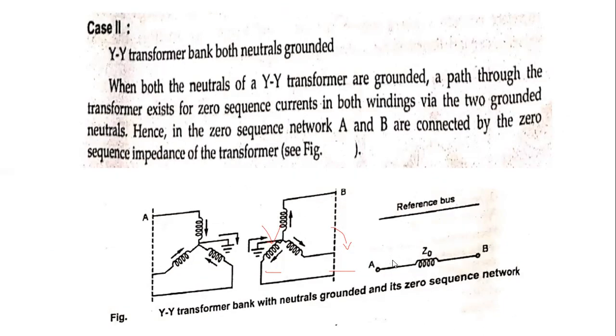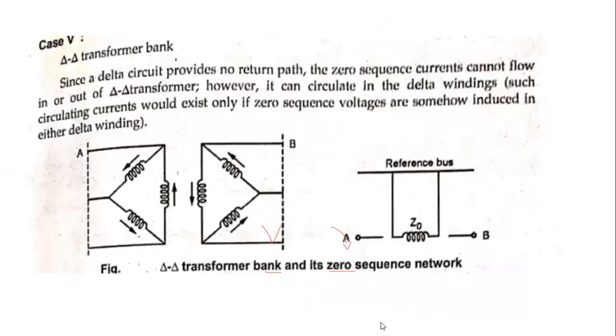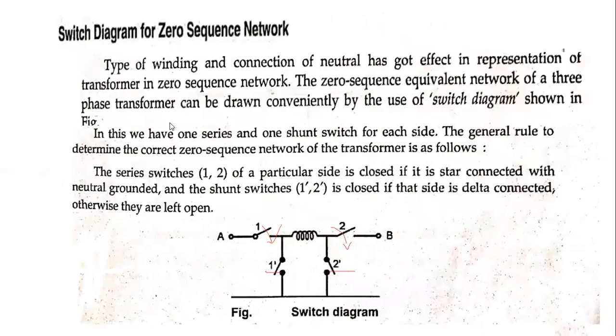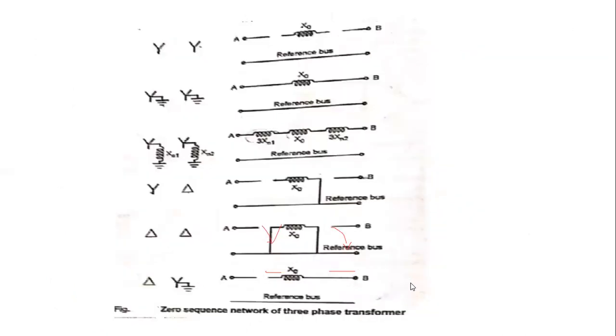These are the various equivalent zero sequence networks for the symmetrical components of transformers. And this is the switching diagram for the zero sequence components. This is the zero sequence network of three-phase transformers. Remember those formulas.